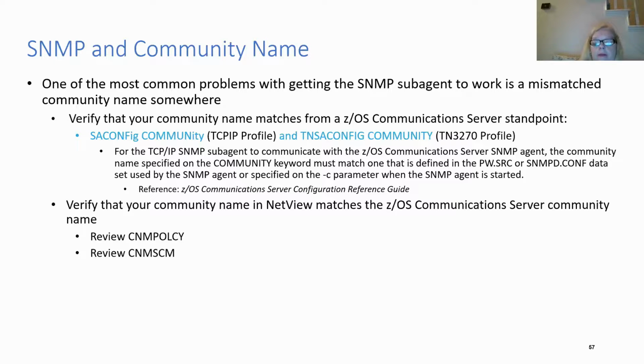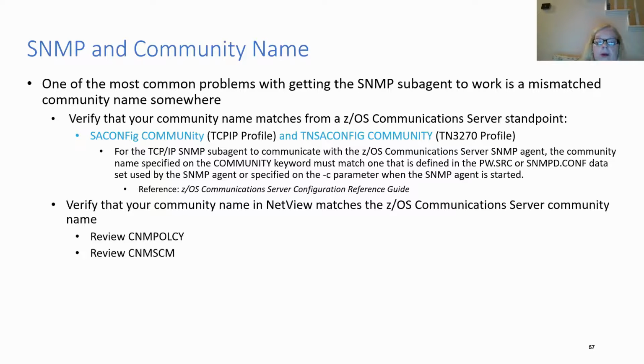And this bullet that I've cut and pasted here from the zOS Communication Server Configuration Reference Guide basically says that the community name specified on the community keyword must match one in the pw.src or snmpd.conf data set used by the SNMP agent, or specified on the -c parameter when the SNMP agent is started.